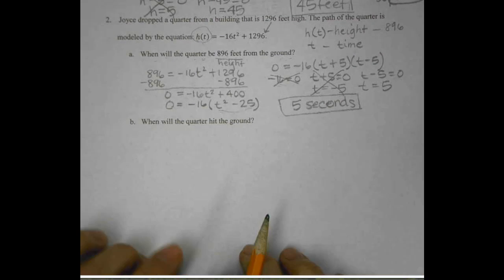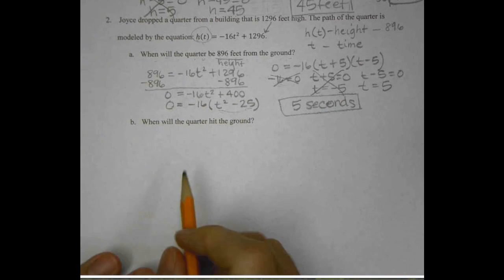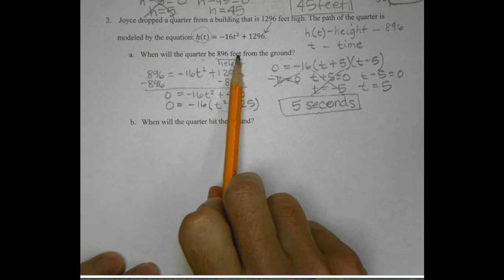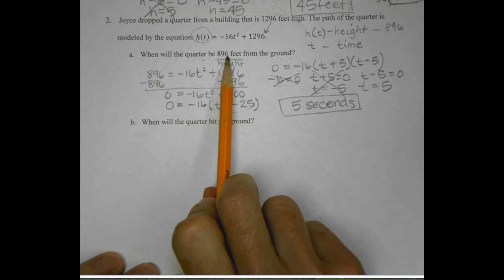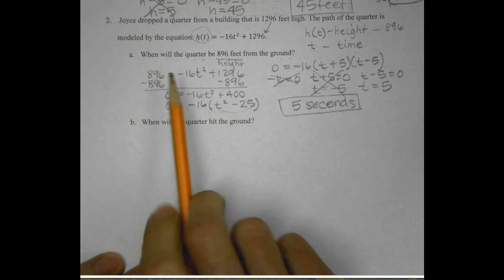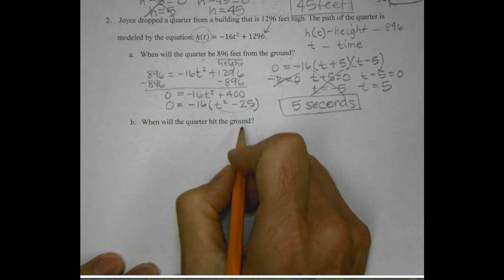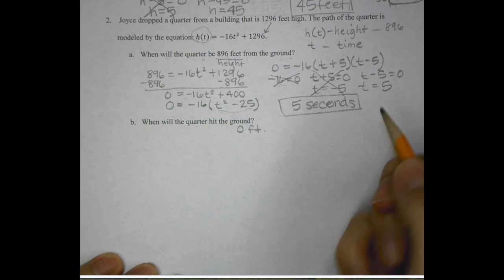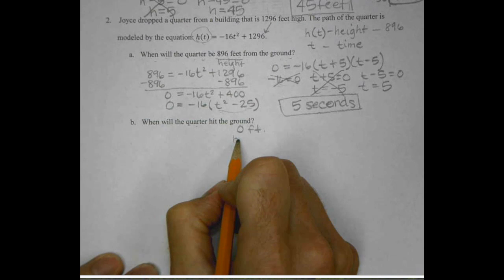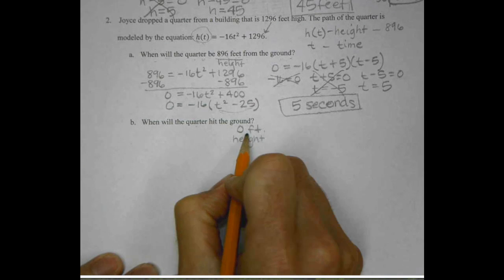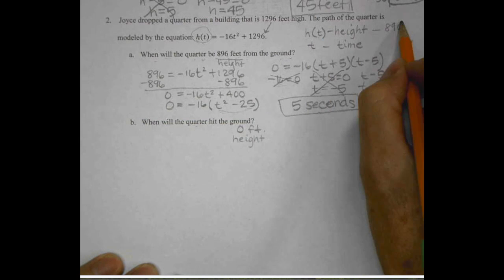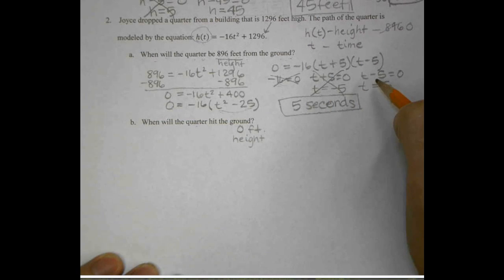All right, then my last question, when will the quarter hit the ground? This was 896 feet from the ground, so I knew how many feet to put in for my height. This one is, when will it hit the ground? I have to remember that the ground is 0 feet high, and so then I'll use this for my height. And here where I have h of t as my height, this time I'm using 0 for the height.